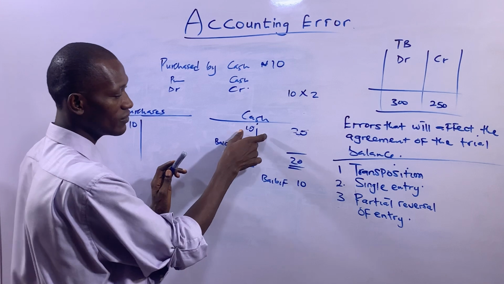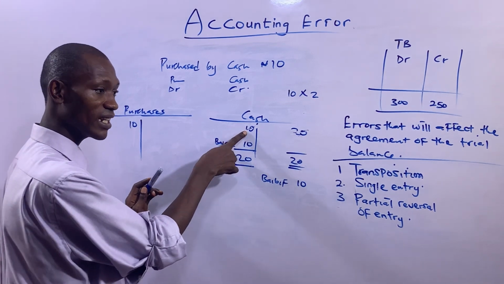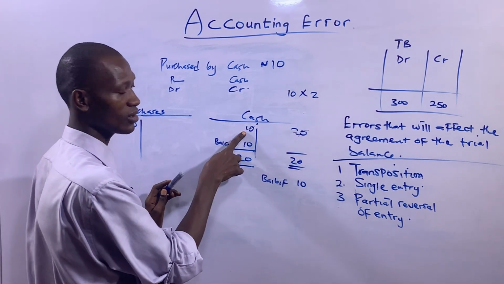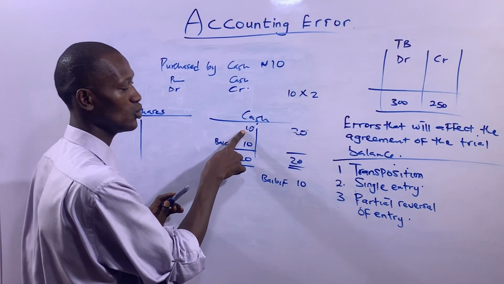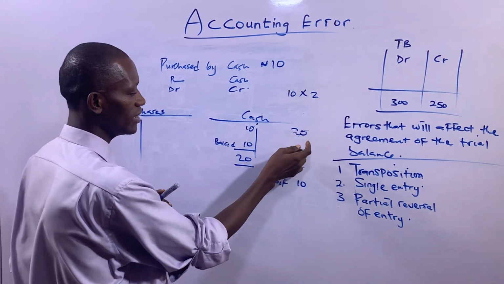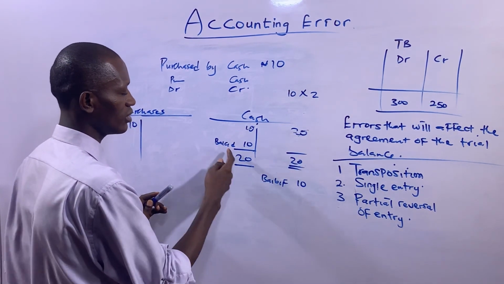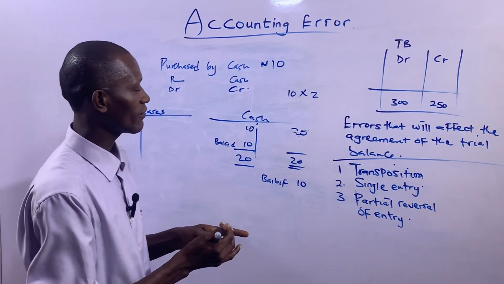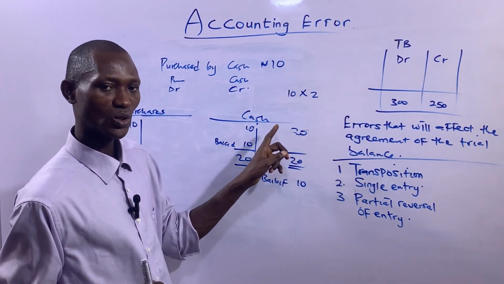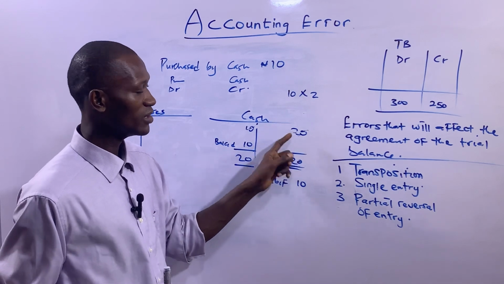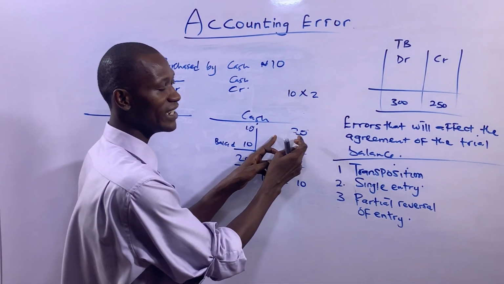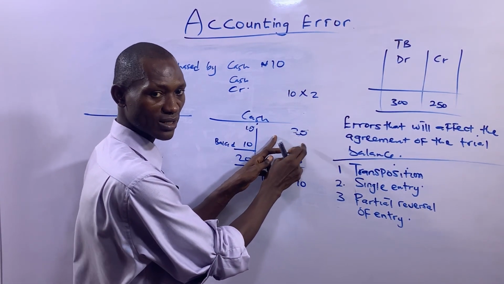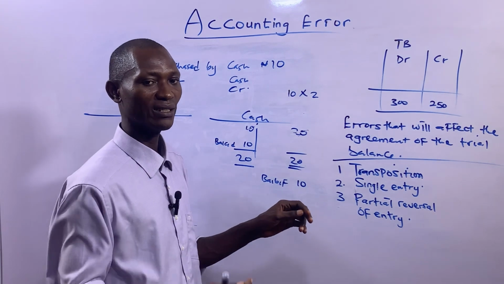So the correction of this cash account is that this 10 naira ought to be on the credit side, but it was on the debit side. You multiply it by 2, credit it. Then when you balance off the account, the balance carried down, this 10 naira. Then since you have credited the cash account with 20 naira, the corresponding debit entry of this 20 naira will go to suspense account.